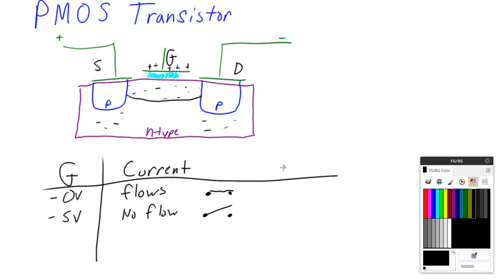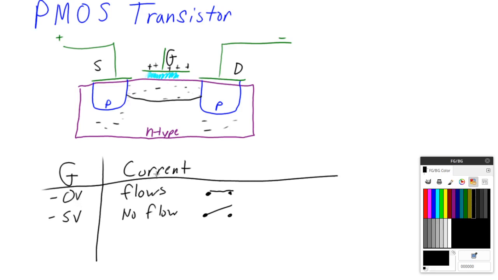And our symbol, real quick, let's think about this in comparison to the NMOS transistor. So I realize now I did my table upside down. I should have done them 5 volts or 0 the same. But either way, this acts the exact opposite way of the NMOS transistor. So if we apply a 0, current will flow. If we apply 5, current will not flow.